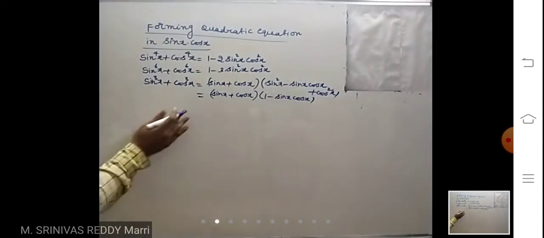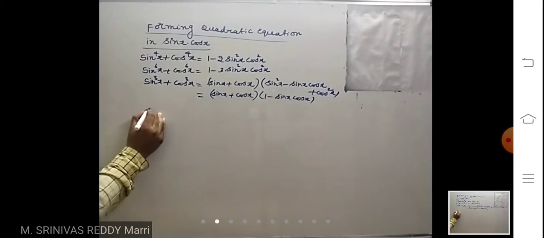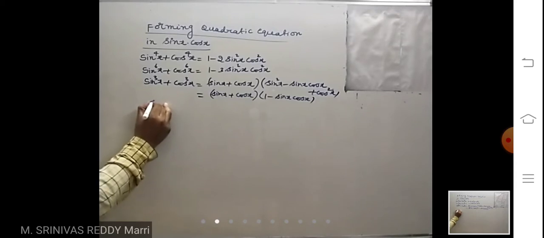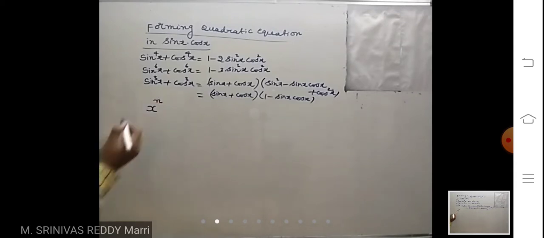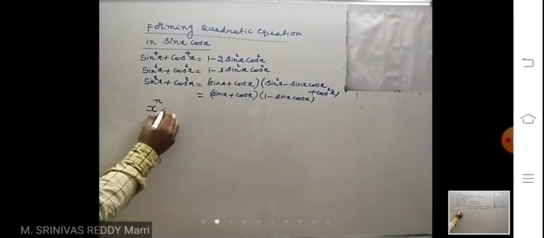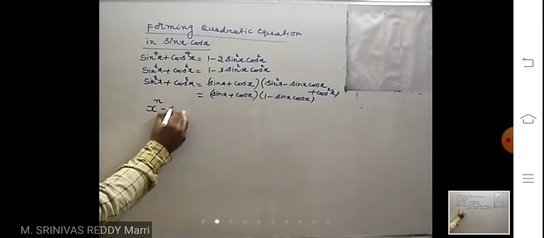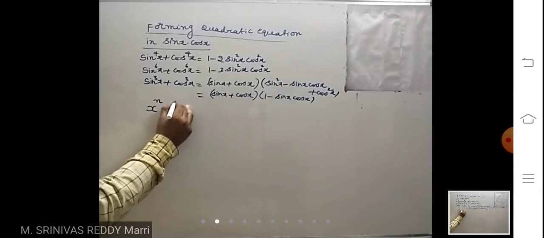Suppose for powers, for all the remaining powers, you use this formula. Look at x power n minus y to the power n.